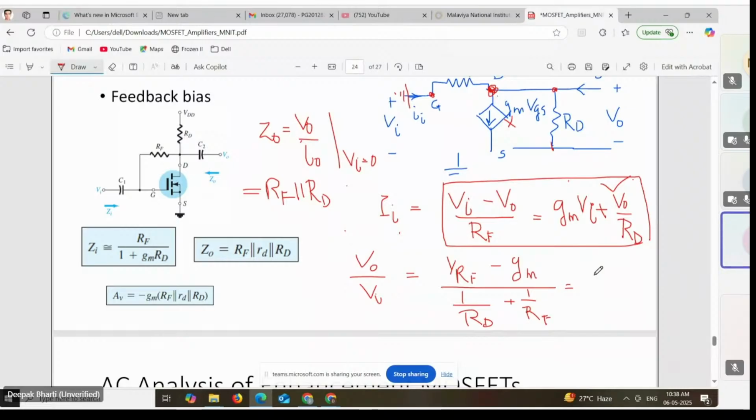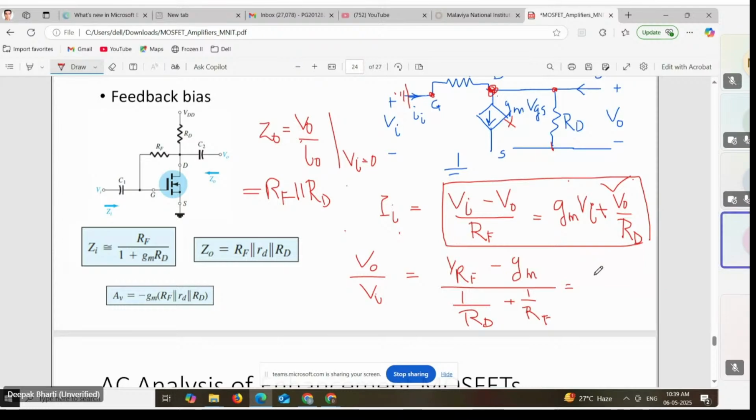So what are some important things to remember here? We should know how to draw the small signal equivalent of a network, and how to draw the small signal equivalent for the MOSFET, and then we should apply the KVL and KCL analysis carefully.